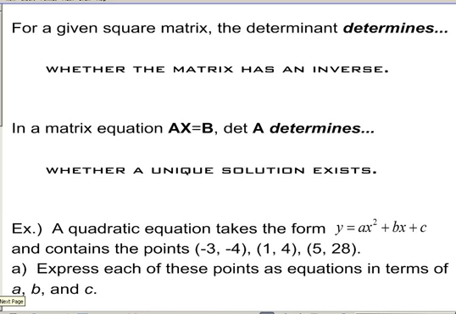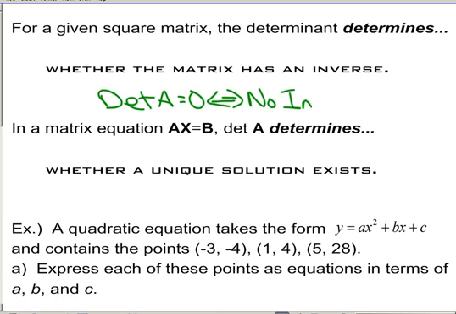All right, so what does the determinant determine? For a given square matrix, the determinant determines whether the matrix has an inverse. So if we find that det of some matrix A equals 0, that means there is no inverse for that matrix.